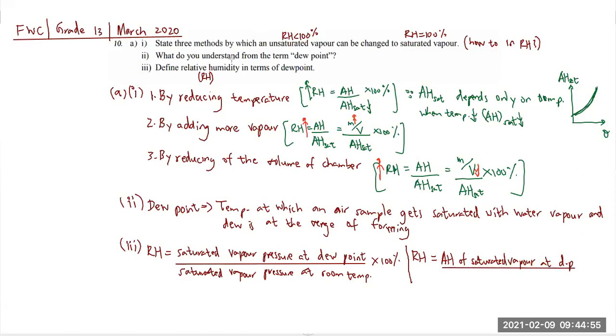Earlier it was pressure, this time it's absolute humidity, but both must be saturated. Absolute humidity of saturated vapor at room temperature into 100.